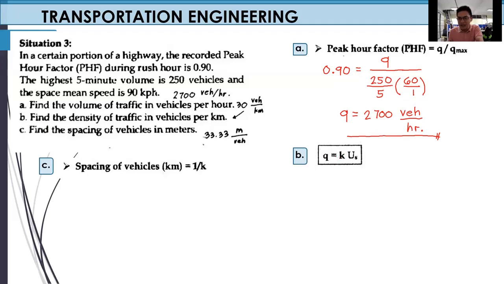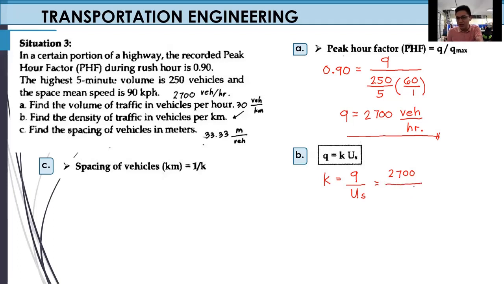That is density, K. So therefore, rewrite natin si formula, K, lipat natin sa kabila, Q divided by US. So yung space mean speed natin. Diba? So therefore, lagay na natin, Q natin would be 2,700. Yung nakuha natin sa letter A. Divided by US natin.